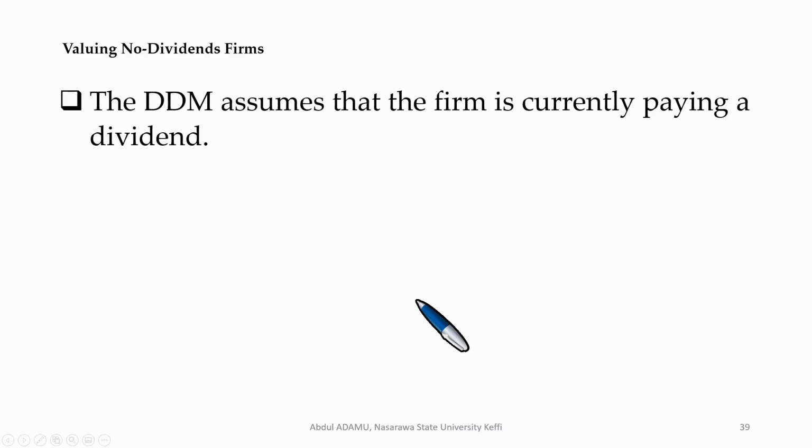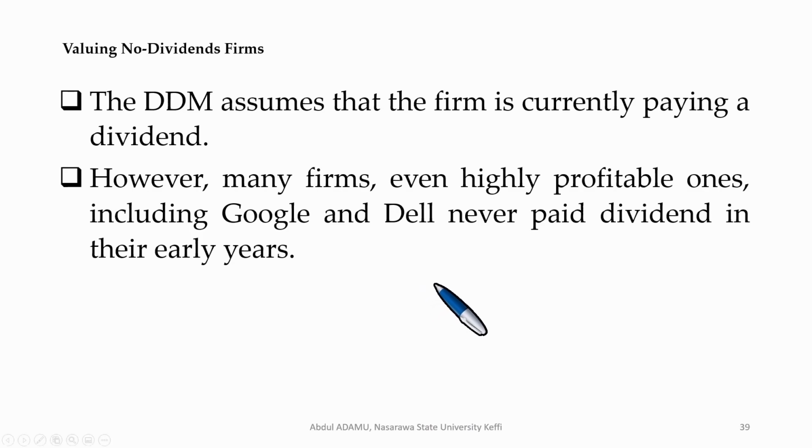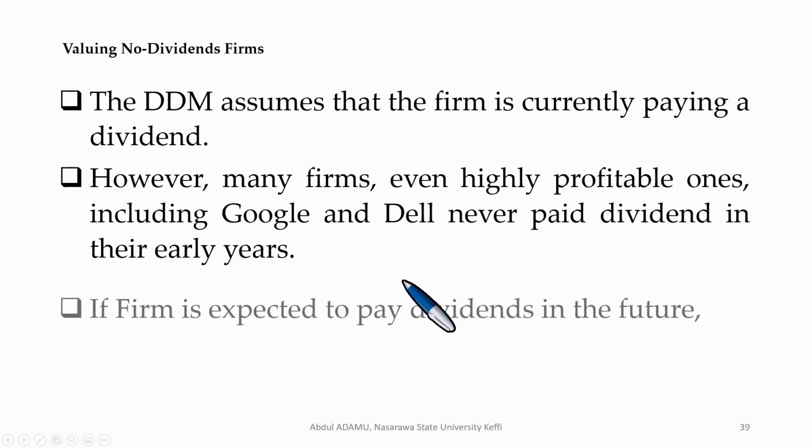The dividend discount model assumes that the firm is currently paying a dividend. However, many firms, even highly profitable ones, for example Google and Dell, never paid dividend in their early years.